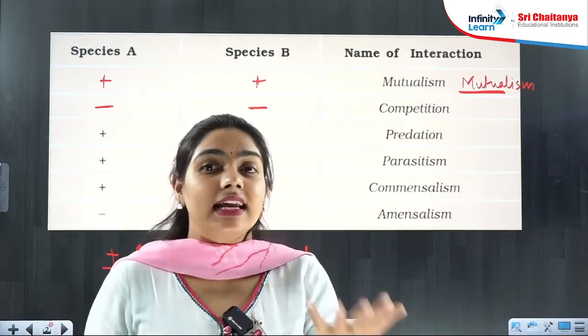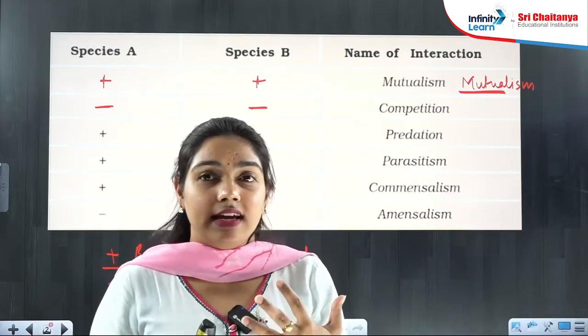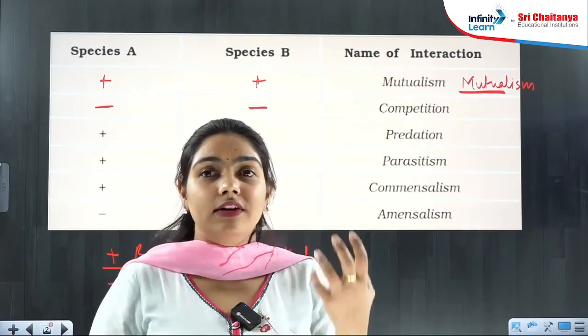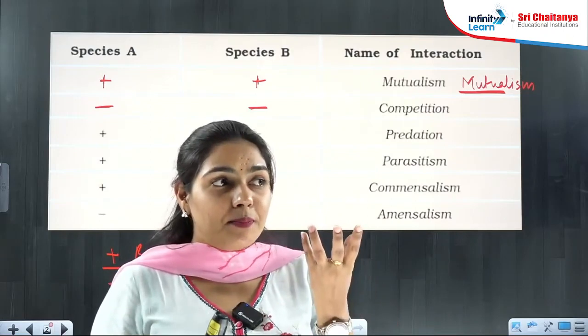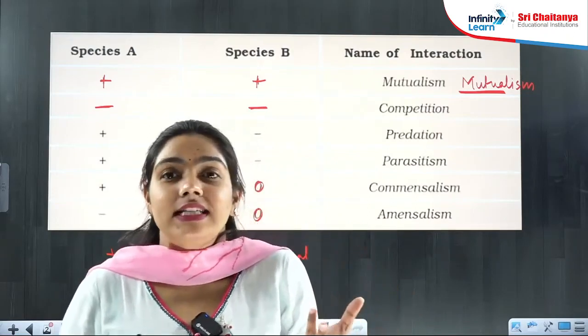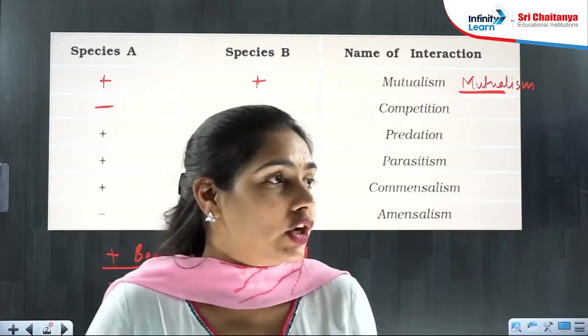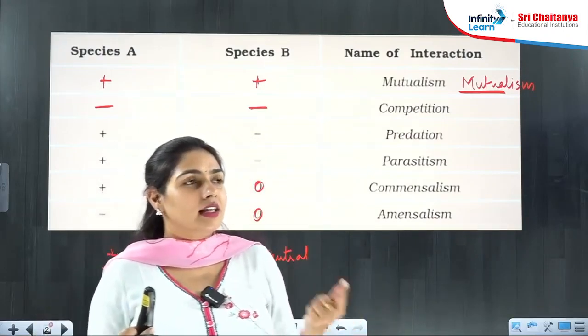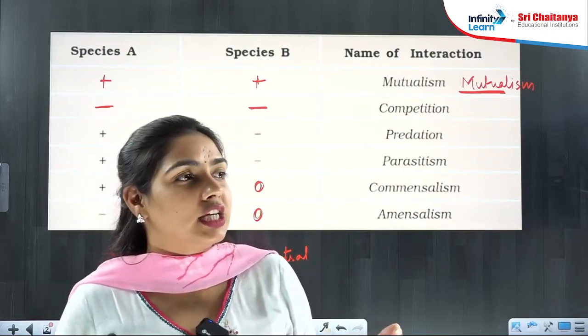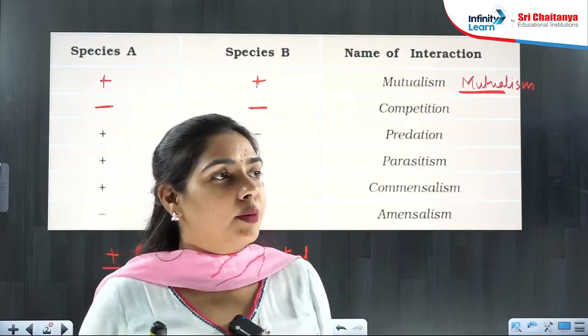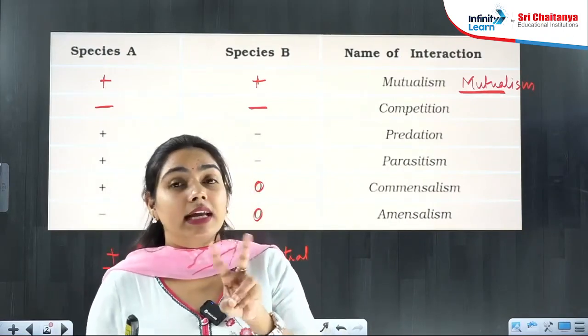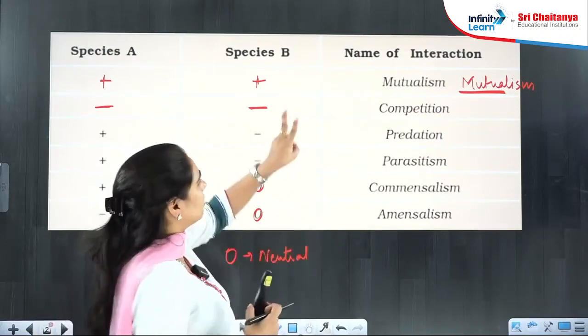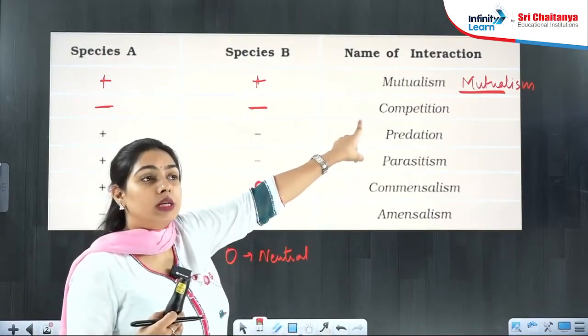The pollinators are getting the nectar, the food from the flower, and the flower is getting pollinated. Everyone must have studied pollination in botany. So both are getting benefit. Just like that, I will tell you more examples of mutualism.